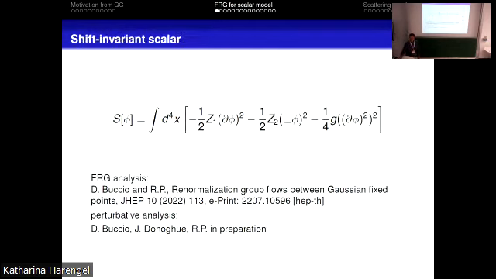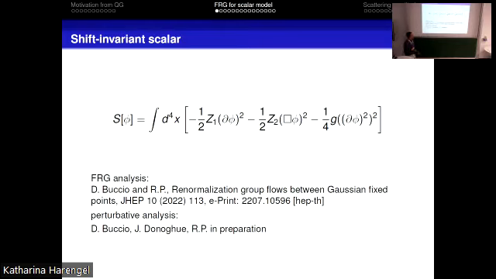And if the field has dimension 1, then Z2 has dimension of inverse mass squared, and G has dimension of inverse mass to the power 4. So this is a typical non-renormalizable theory from power counting. Okay, and typically people would treat it using effective field theory methods, like the theory of pions in QCD.